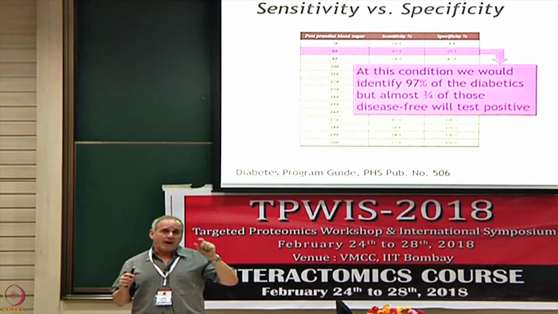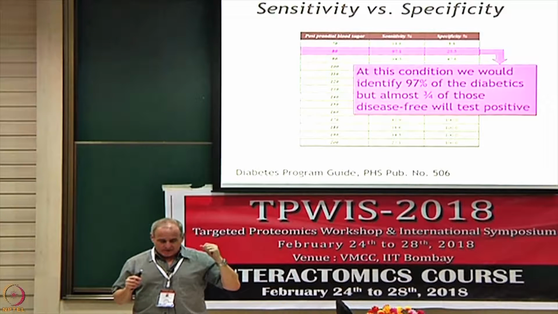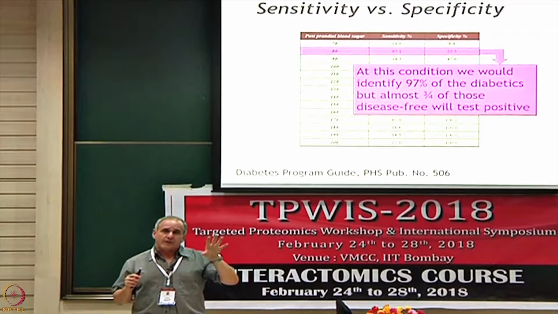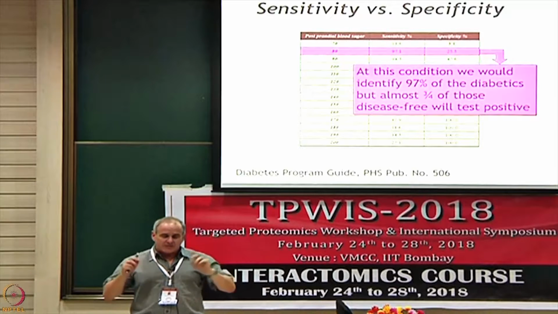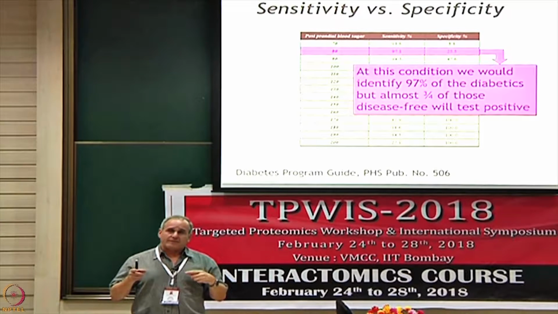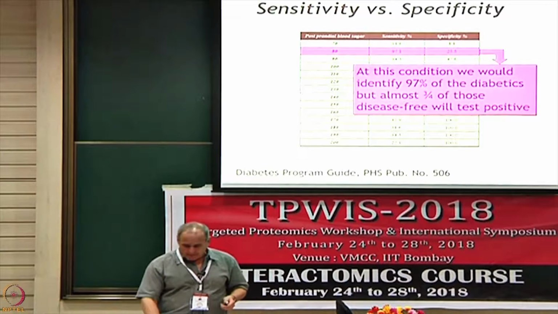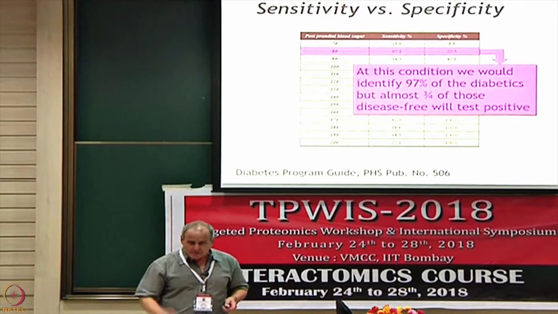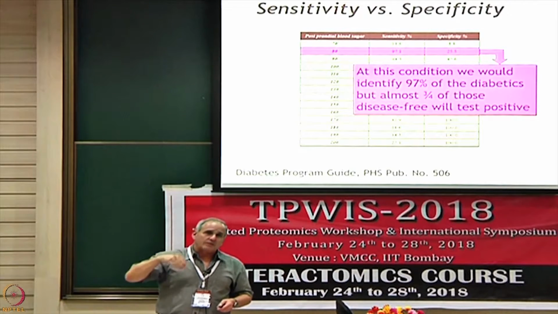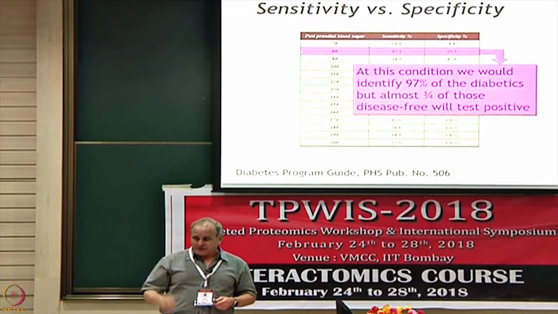The test will be positive in the presence of disease 97% of the time. But 3/4 of the people who have no disease will also test as if they had diabetes. So you won't be very specific. A huge amount of false positives, right?